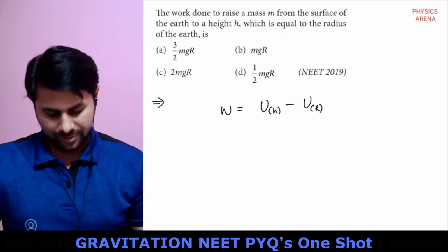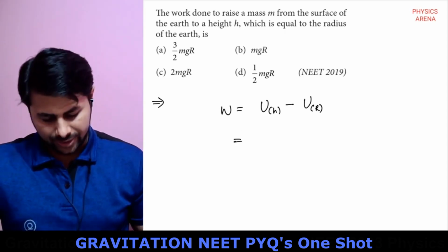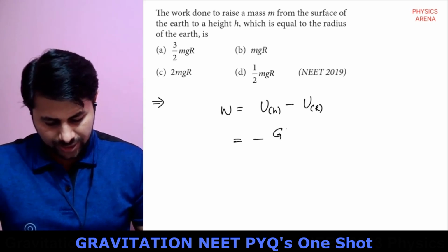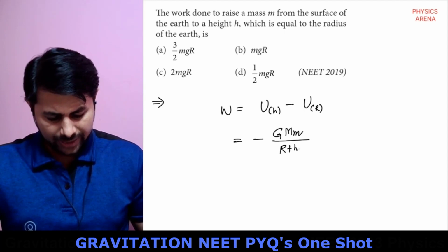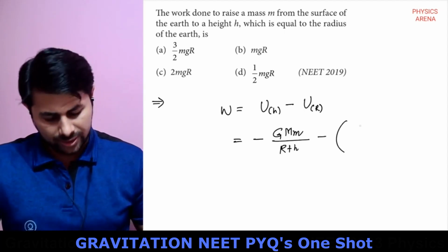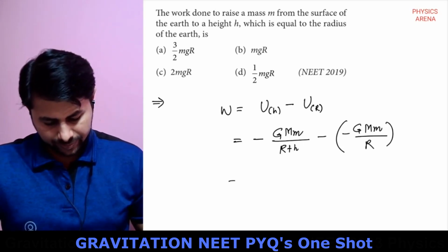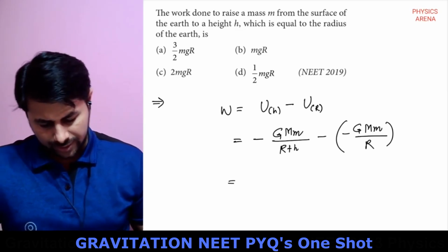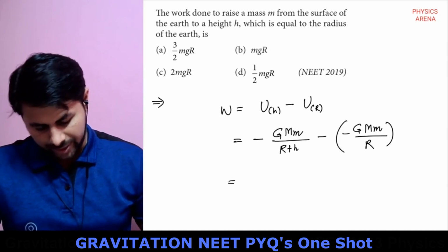So potential energy at height h, we know it is minus of G times M m divided by r plus h, minus potential energy on Earth's surface, which is minus of G times M m divided by r. Okay, and then h is equal to how much? Radius of Earth.